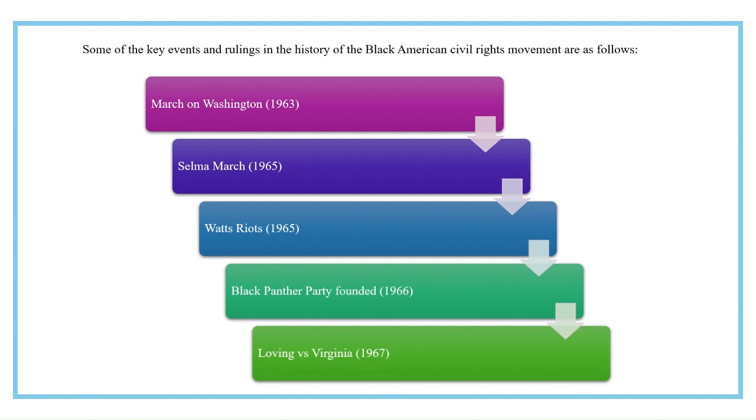by President Johnson. This act authorized the federal government to prevent racial discrimination in employment, voting, and the use of public facilities.